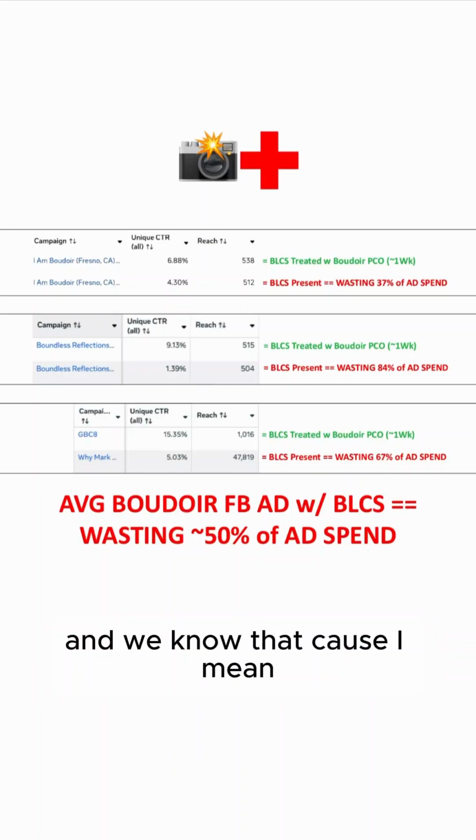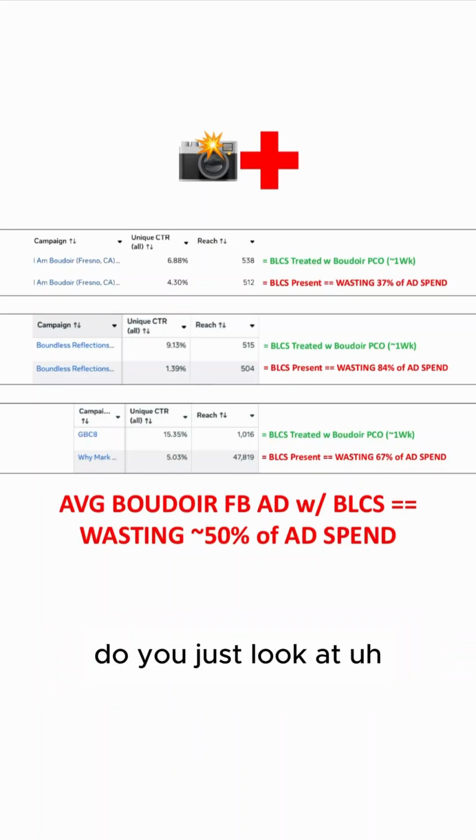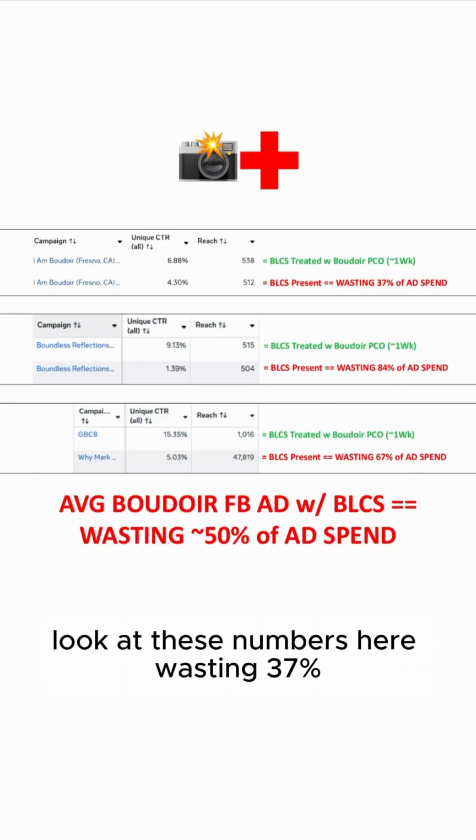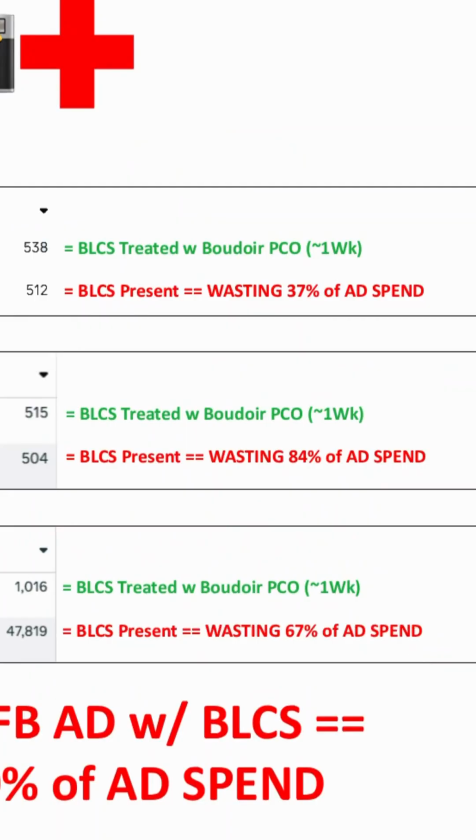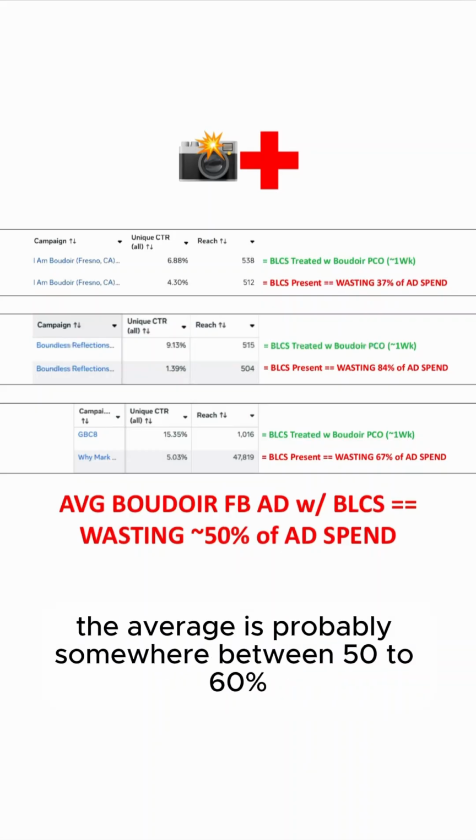And so the average Boudoir Facebook ad with BLCS is wasting about 50% of its ad spend. And we know that because, dude, just look at these numbers here. Wasting 37%, wasting 84%, wasting 67%. Average these numbers out, the average is probably somewhere between 50 to 60%.